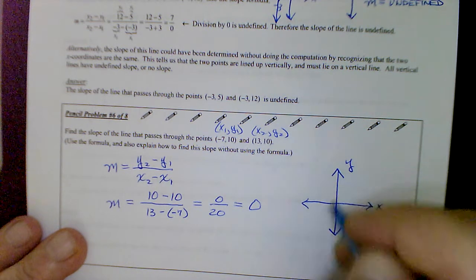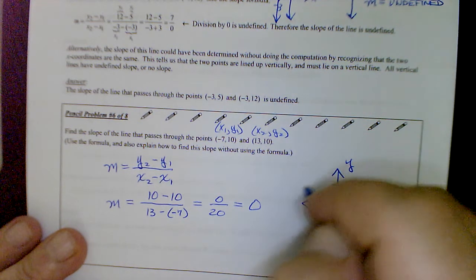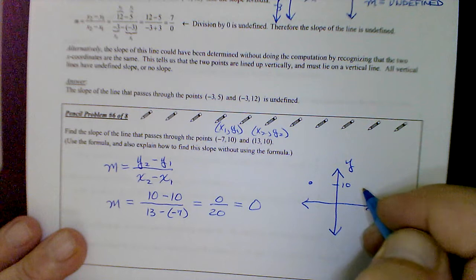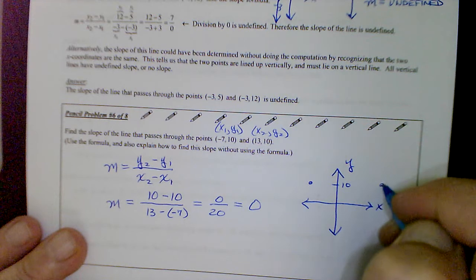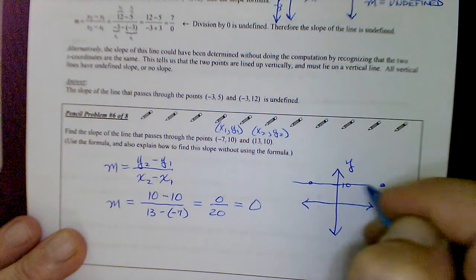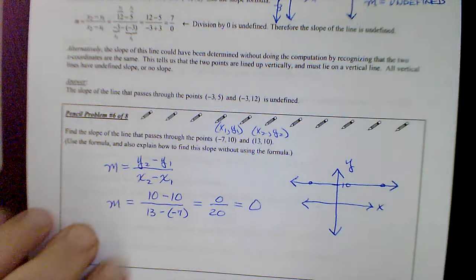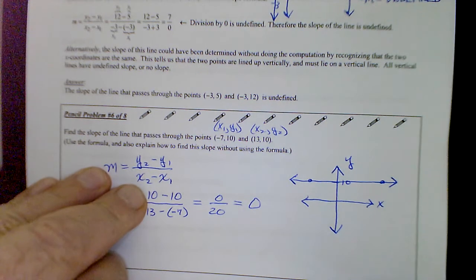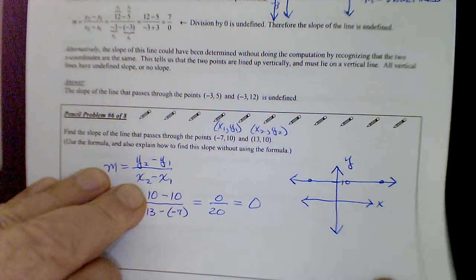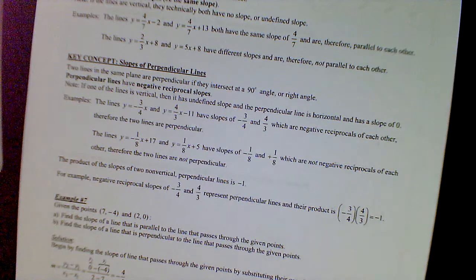We're at -7, 10, I'm just calling this 10, somewhere over here, 13, 10, somewhere over here. You can see it's a horizontal line. So there's many ways to analyze this. Okay, a couple more concepts.